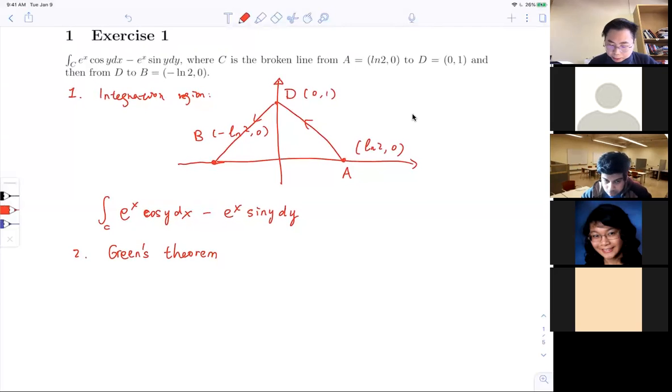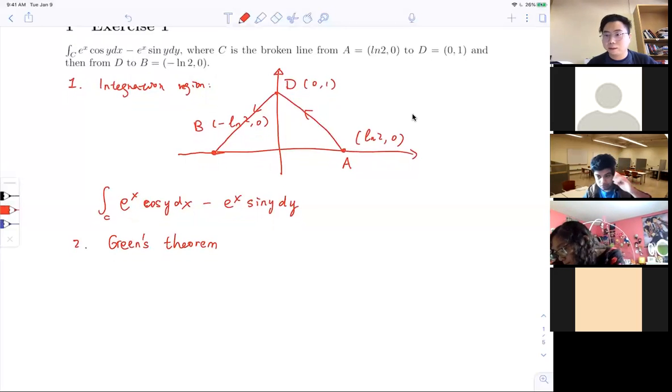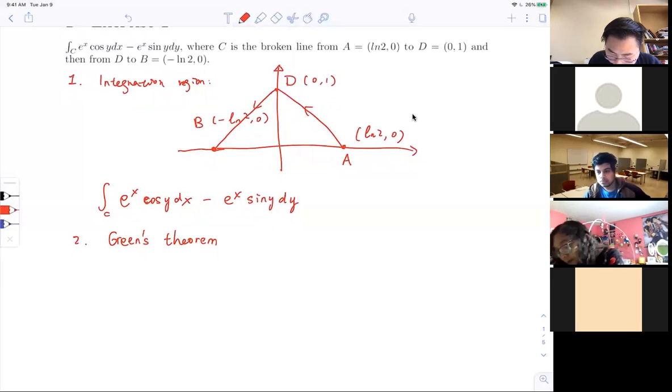And when we apply Green's theorem, we always need to be careful about the condition. Here the integral is not closed. We want to form a closed loop, right? Otherwise, it's not correct. So let's denote the original path as path 1.